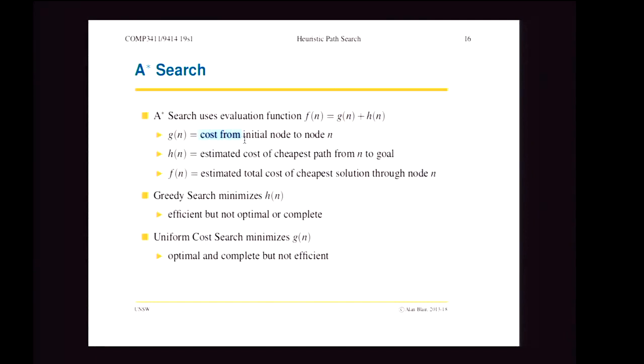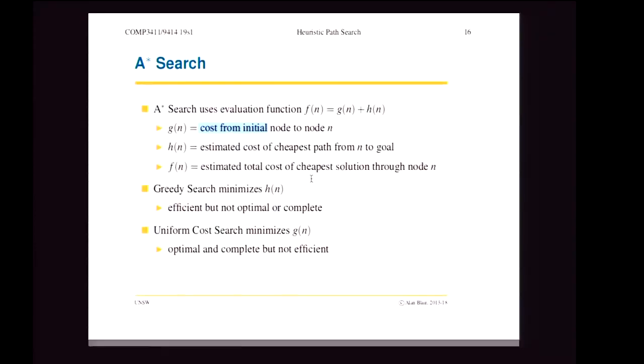It looks at the cost of the path to get from the initial node to that node n, and then the estimated cost to get from the node I'm at to the goal. It adds those two things together. You get an estimate for the total path from the initial state to the goal state through that node.